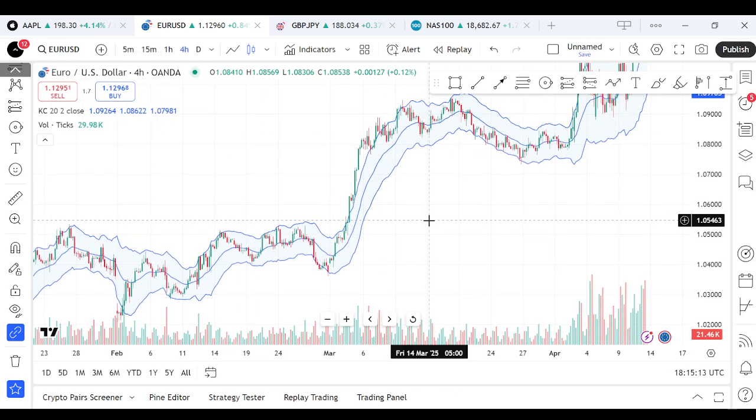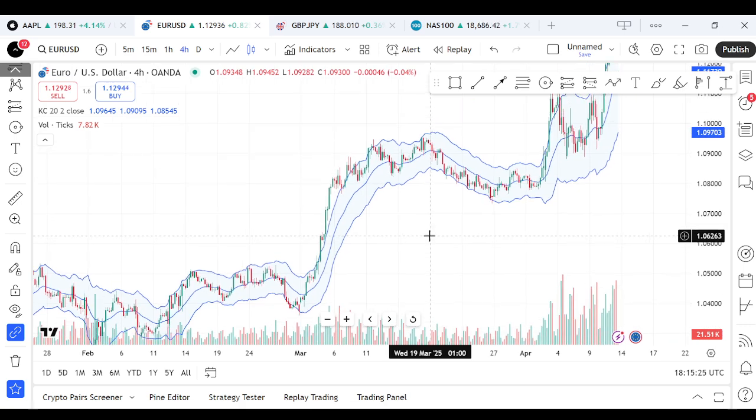And the Keltner channel is a technical indicator designed to help traders identify trends, volatility, and potential entry or exit points in the market. It consists of three lines: a central moving average, typically a 20-period exponential moving average, and two outer bands positioned above and below the EMA.